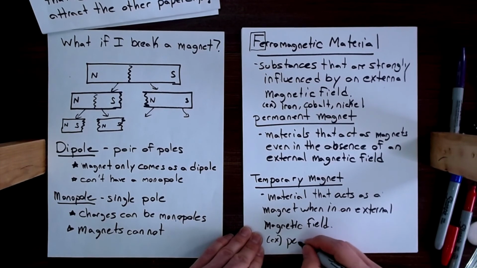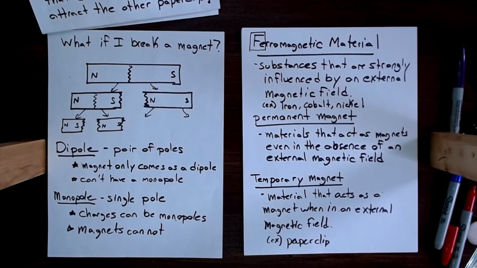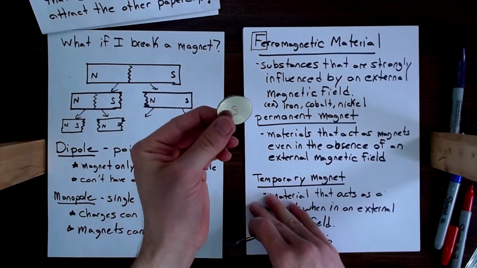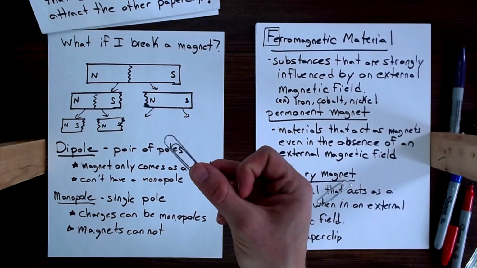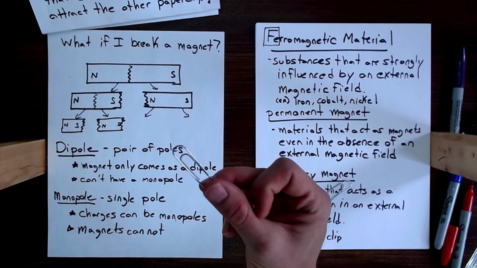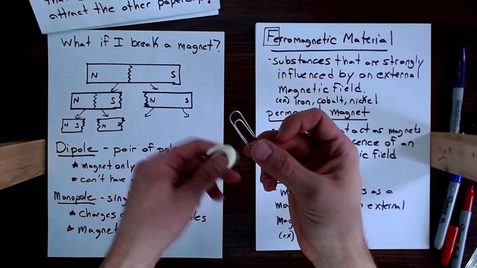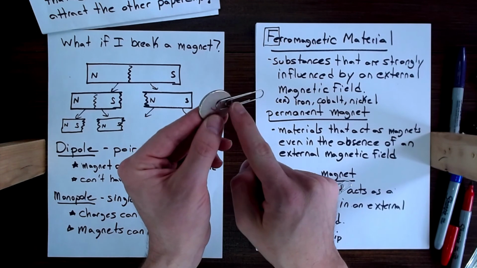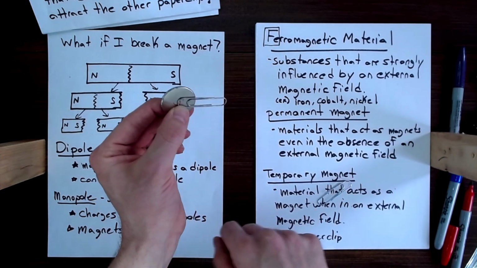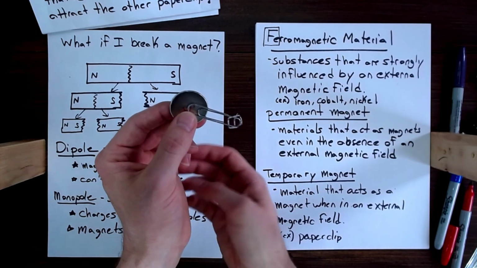A paperclip. Right? My paperclip, when it's attached to this permanent magnet, my neodymium permanent magnet, this thing has a magnetic field around it. When this paperclip is not around that magnetic field, it demonstrates no magnetic properties really on the macroscopic scale. When I put my permanent neodymium on it, suddenly this thing is becoming a magnet. It's a temporary magnet, and therefore it can attach that paperclip to it.